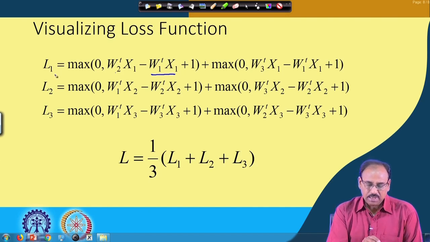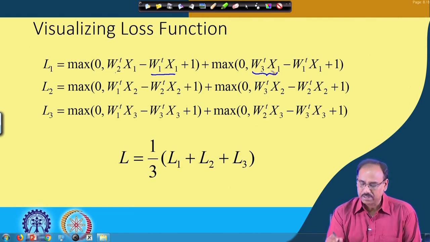Plus max of 0 and W3 transpose x1, the score of class 3 for training vector x1, minus W1 transpose x1 plus 1.